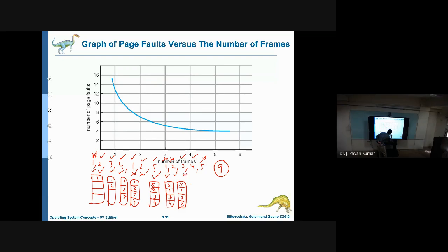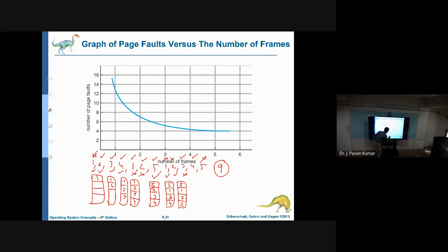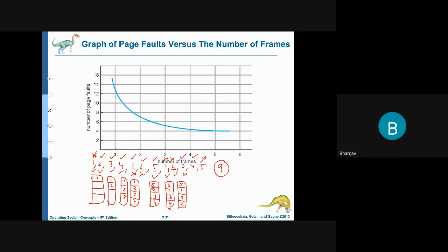3, no page fault. Correct? 5 1 3 2, correct or not, first of all? Okay, just consider this particular state. We don't have 2, right? Yes, we don't have.